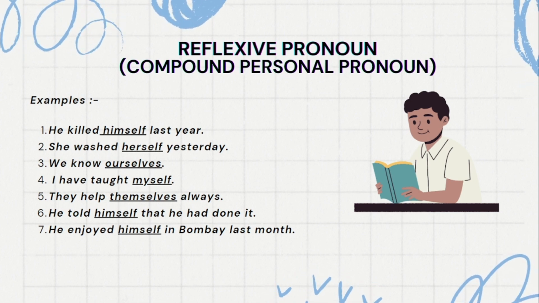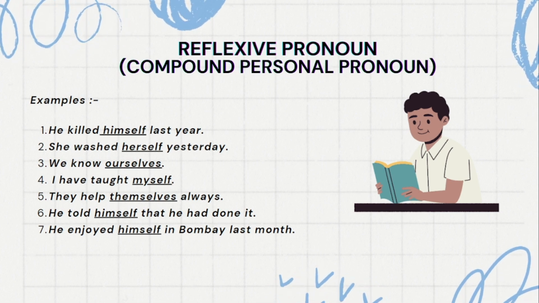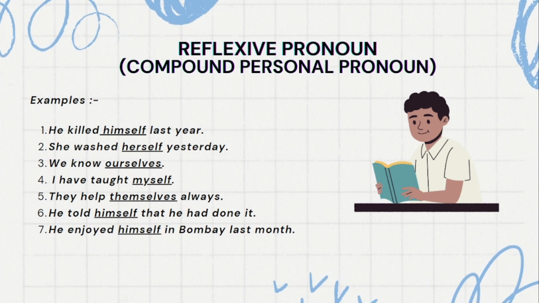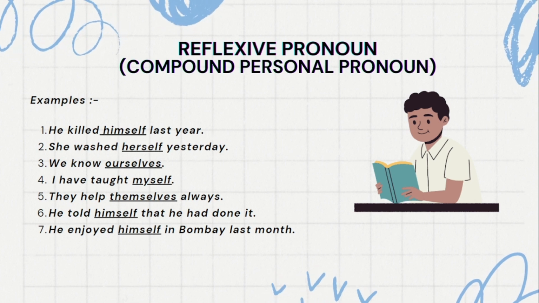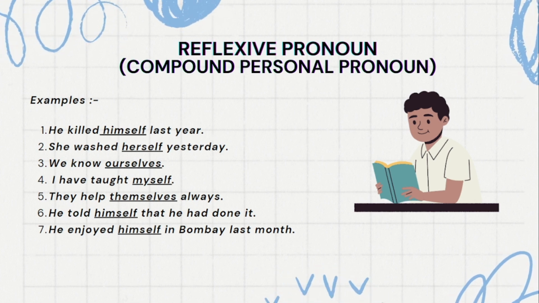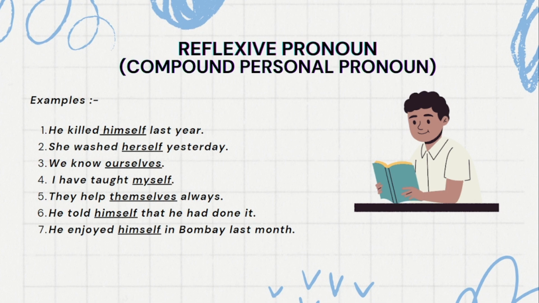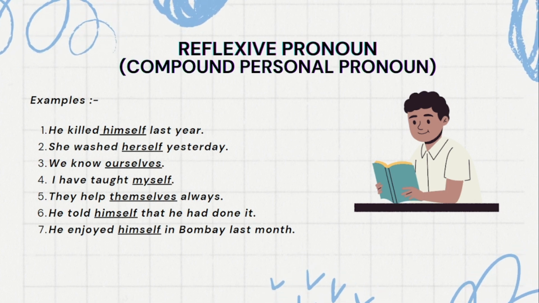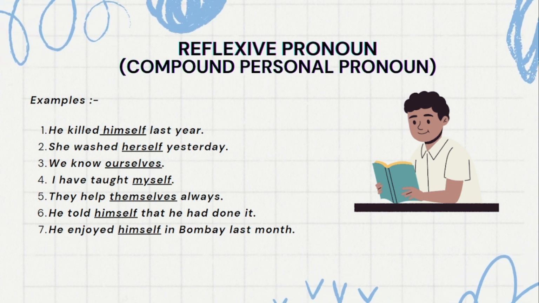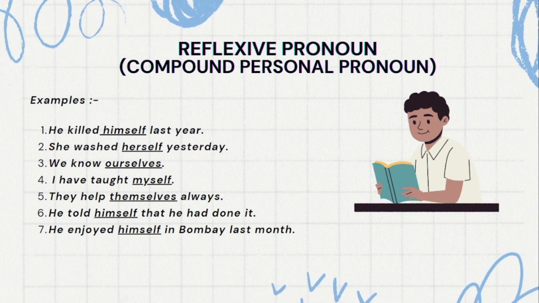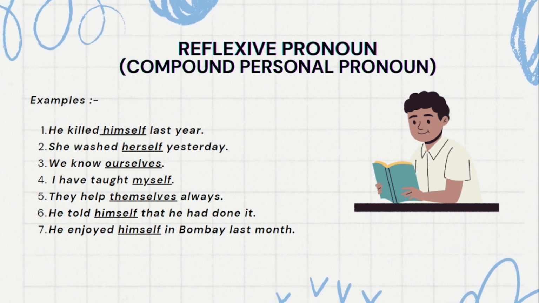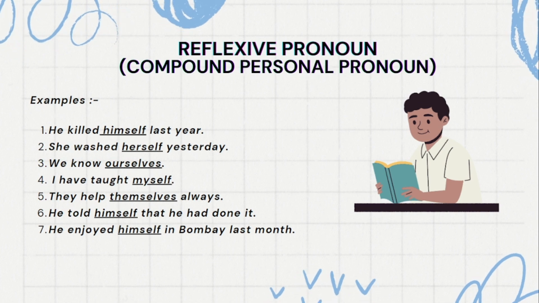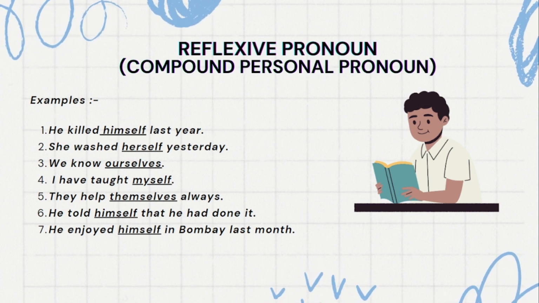Observe it. Next, seventh one. He enjoyed himself in Bombay last month. In this sentence, subject is he. Enjoyed is the main verb. Then find out the object. Whom enjoyed? Answer is himself. Himself is object. Here the subject is he, object is himself. Both are the same person. It means the doer of the action is he, the receiver of the action is himself.